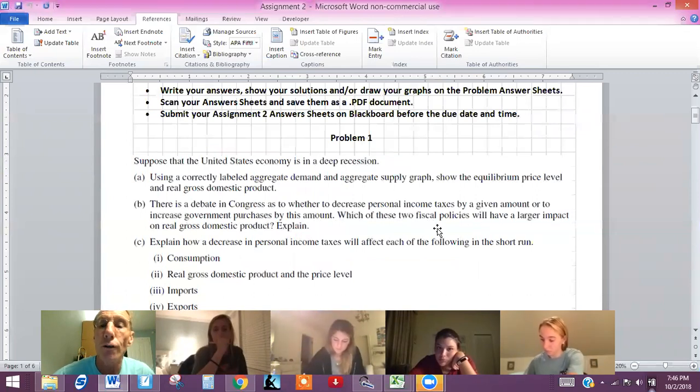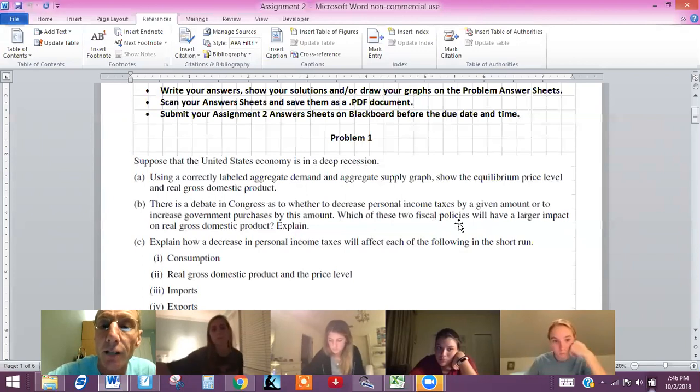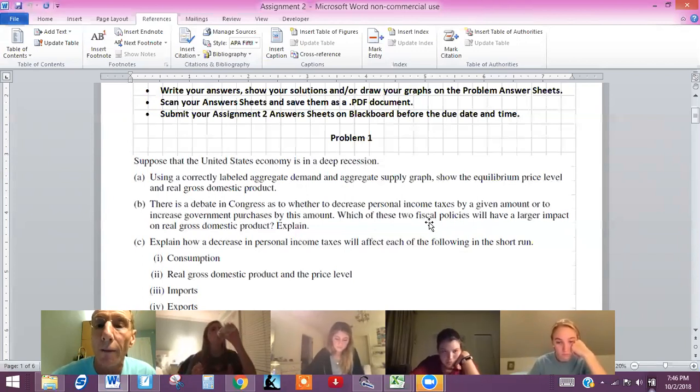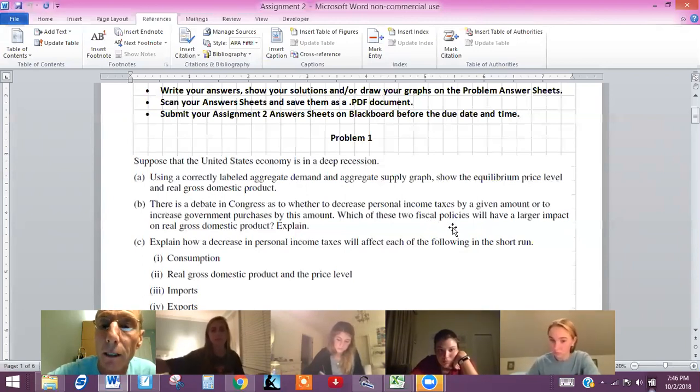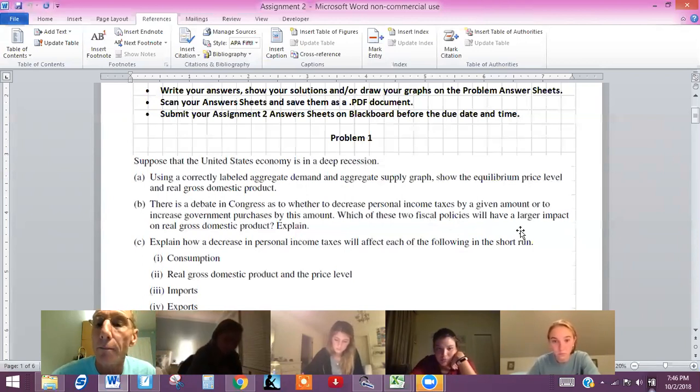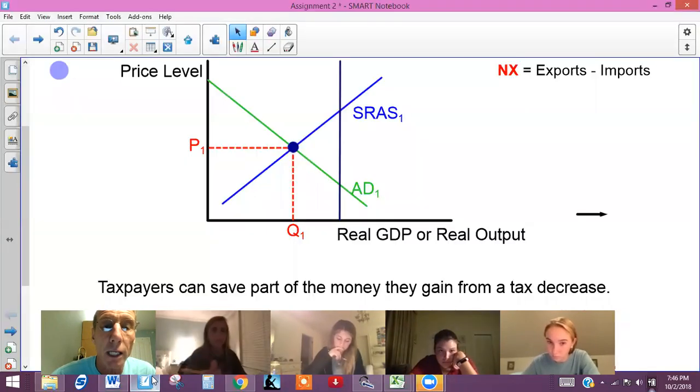Which of these two fiscal policies? Now, when you're talking about the government taxing and spending, you're talking about fiscal policies, which are largely determined by Congress, okay? Just so you know. So which would have a larger impact on the real GDP? Explain.